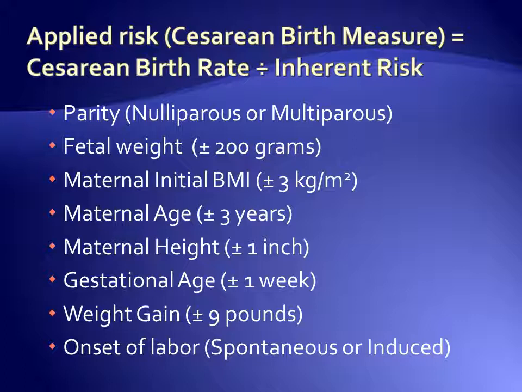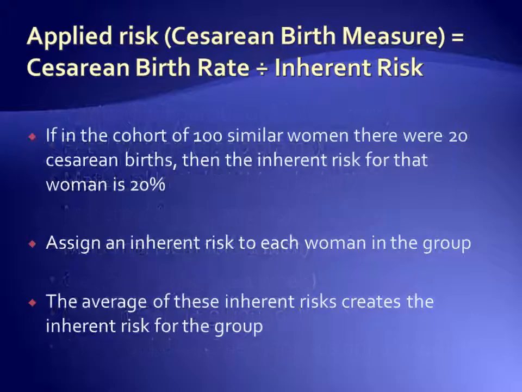This is how the Birthrisk Cesarean Birth Measure accounts for all 8 of these risk factors. Contrast this to other cesarean birth measures that only account for age, parity, or perhaps nothing at all. If in the cohort of 100 similar women there were 20 cesarean births, then the inherent risk for that woman is 20%.